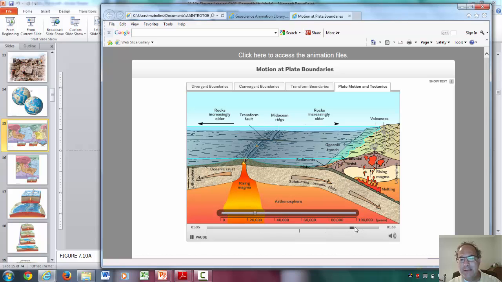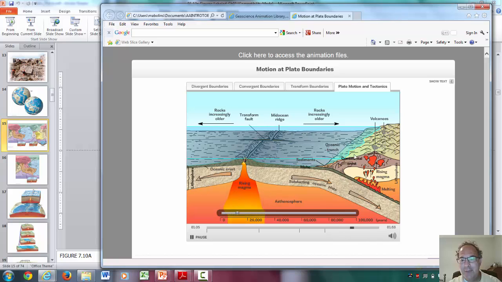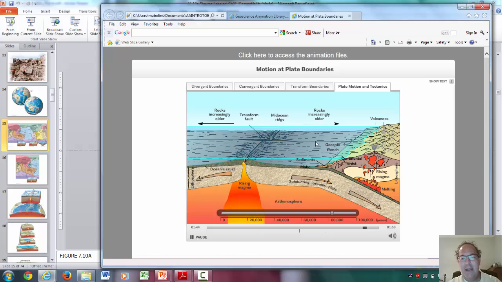Now the animation is a little busy. You don't just have a convergent plate boundary on this animation. You do also have a divergent plate boundary. The convergent plate boundary is really close to shore. Here's the shoreline right here. We've got continental lithosphere on the right, oceanic lithosphere on the left, the convergent plate boundary in between.